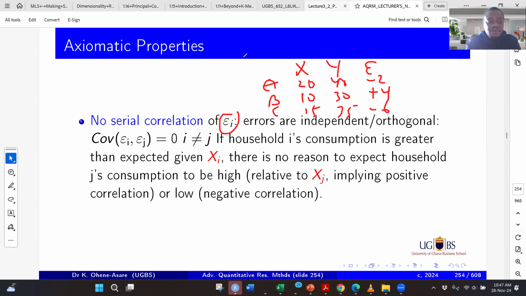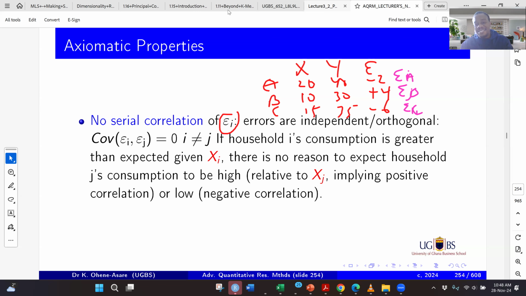Now, this first error for company A is said to be error I. This second error for company B is said to be error J. And then maybe the other error is error K or something. It keeps going. Or because they are these letters, I could have said that this is error A, this is error B, this is error C, so that it comes according to their company names.